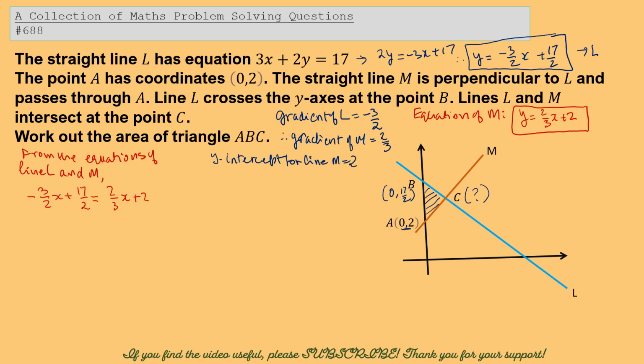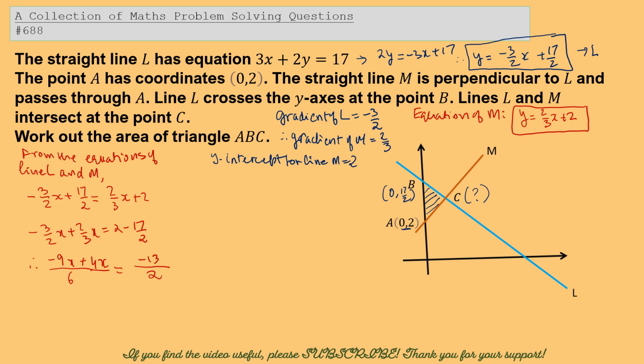Collecting the x's to one side, we have minus 3 out of 2 x minus 2 out of 3 x equals 2 minus 17 out of 2. So we get, with common denominator 6, minus 9x minus 4x, and that equals 4 minus 17, which is minus 13.